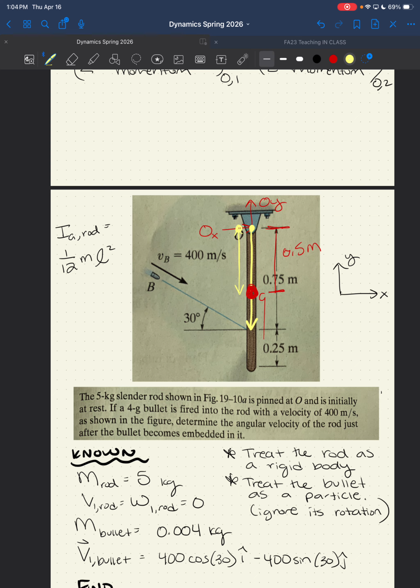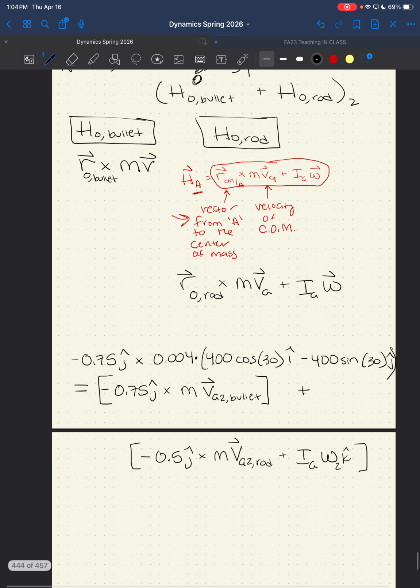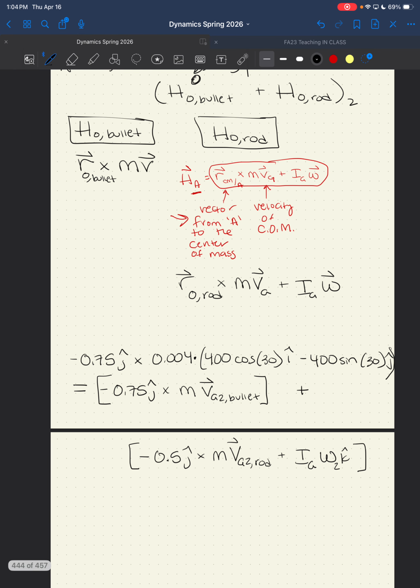Okay, so now let's pretend we're going to take this velocity expression and plug it in up here, and take this velocity expression and plug it in over here. Something magical happens. I'm then only left with one unknown, just omega 2. Is omega 2 what it's asking me for?